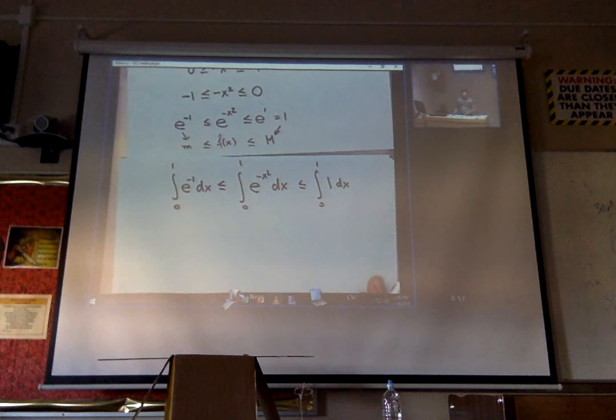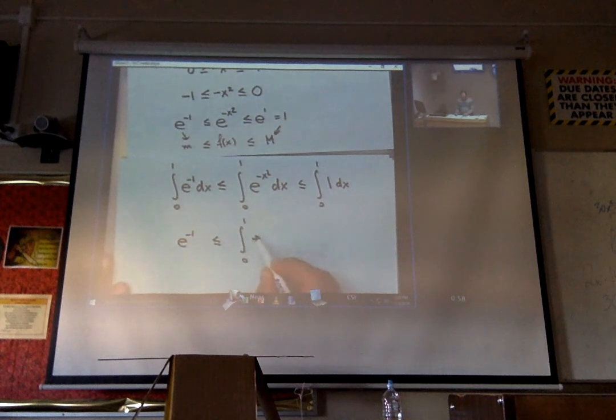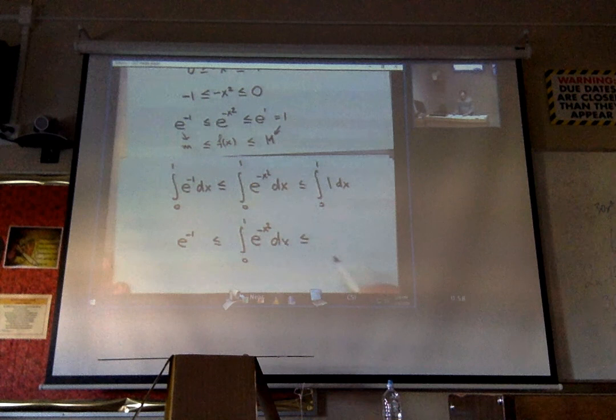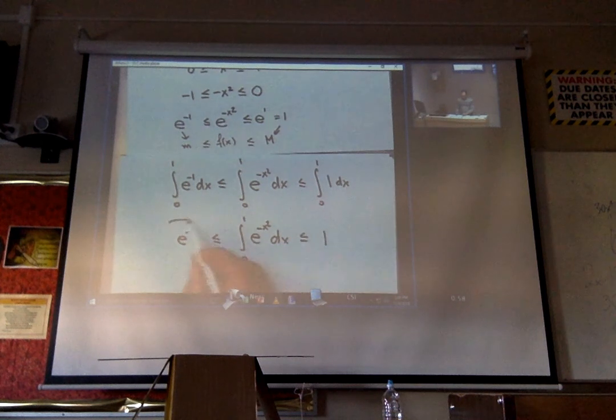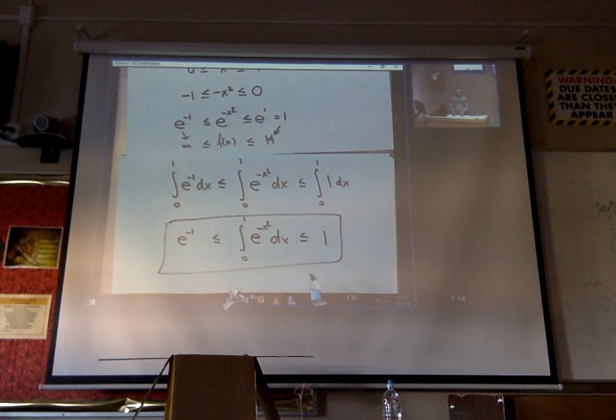What's the length of the interval? Just 1. So the answer will be just e to negative 1. And what's on the right side? 1. It's 1. And you're done. That's it. So you know the area for the integral will be somewhere between these two numbers.